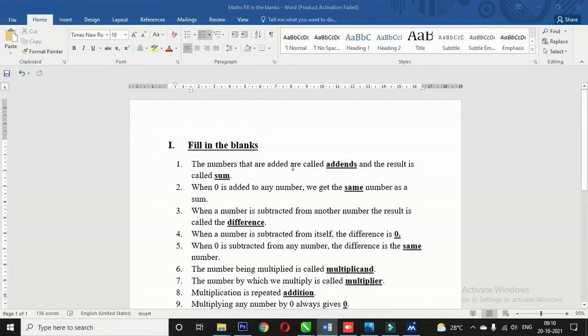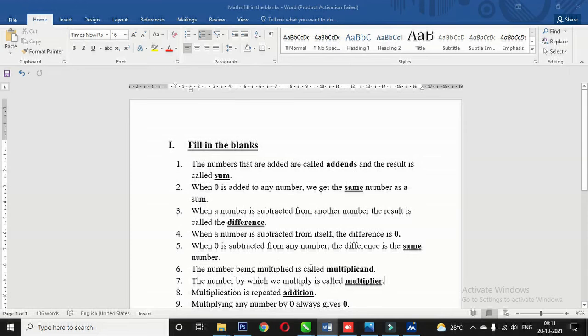The numbers that are added are called addends, and the result is called sum. When 0 is added to any number, we get the same number as a sum. When a number is subtracted from another number, the result is called the difference. When a number is subtracted from itself, the difference is 0. When 0 is subtracted from any number, the difference is the same number.